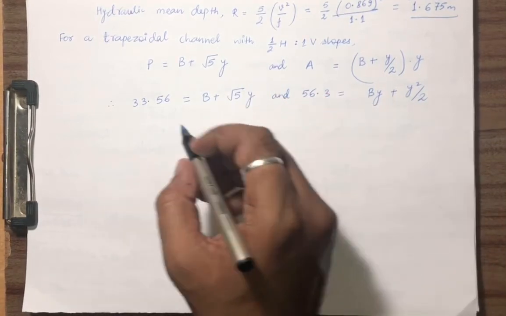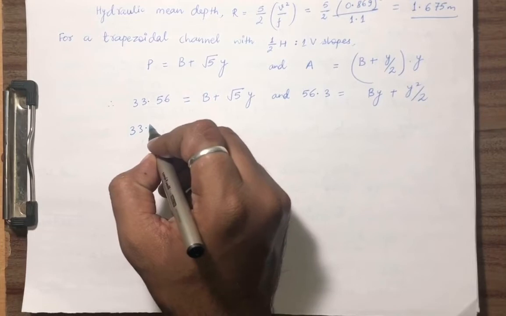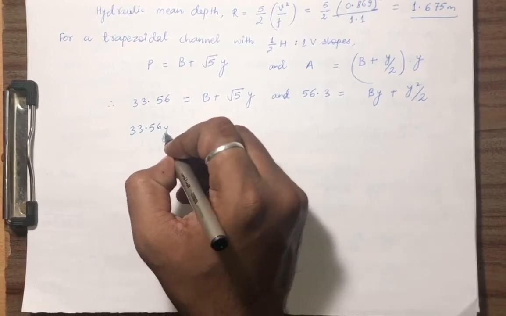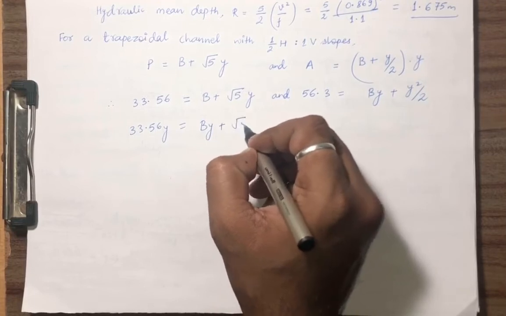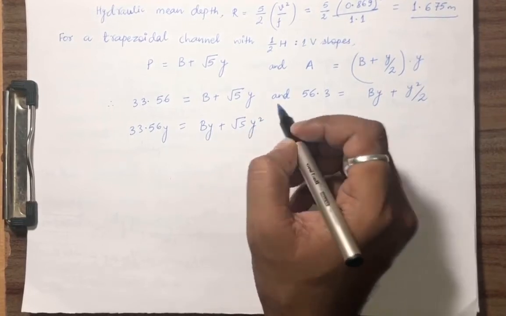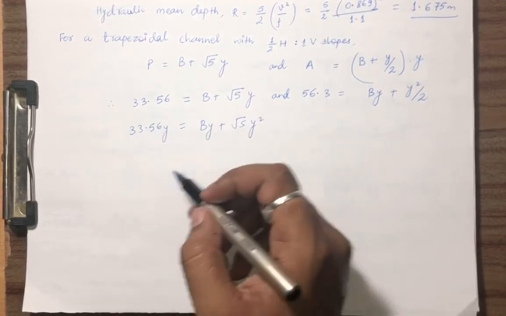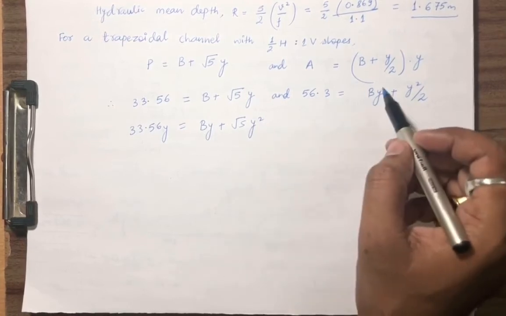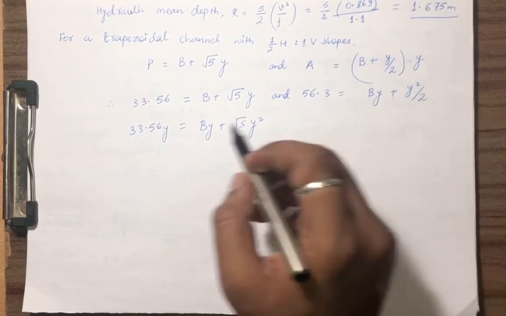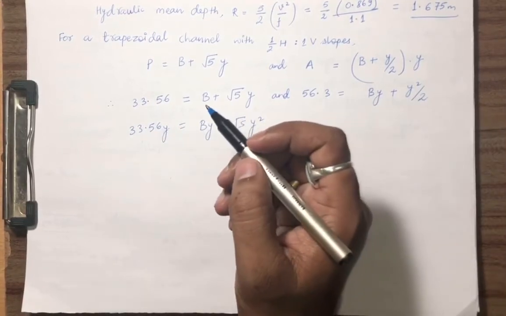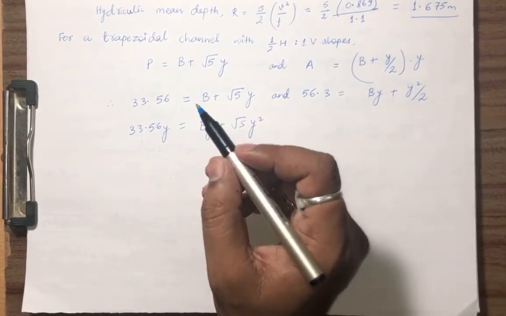You can solve these two equations. Just multiply; this can be written as 33.56 y is equal to B y plus root 5 y squared. We have multiplied y in this equation. Now just subtract these two equations. B y will get cancelled out, and only a quadratic equation in y you will get.